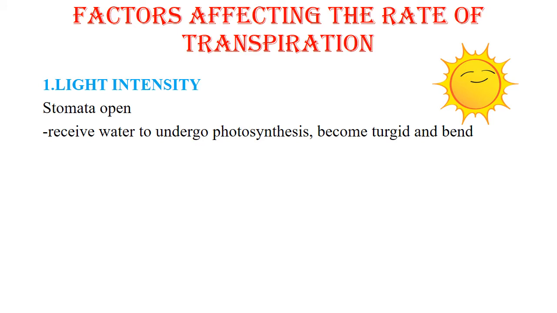So what happens to those cells? Which cells? The cells around the stomata, the guard cells. So they become turgid and bend outwards. So what happens when the stomata open during high light intensities? Yes, the rate of transpiration increases. So the rate of transpiration increases in the light.